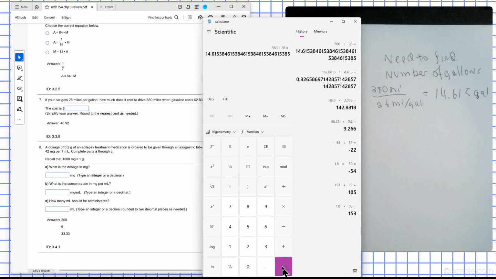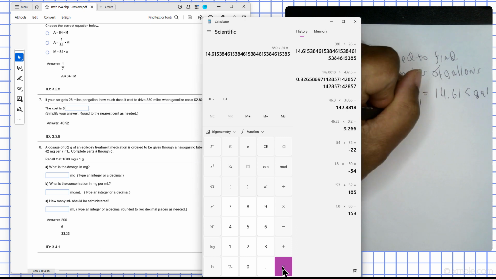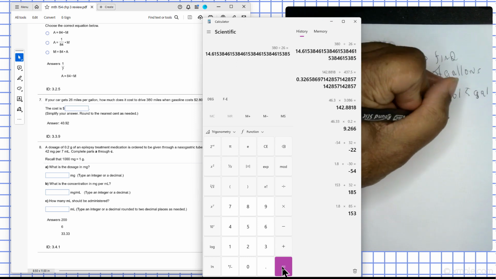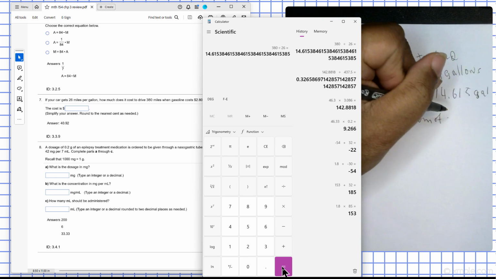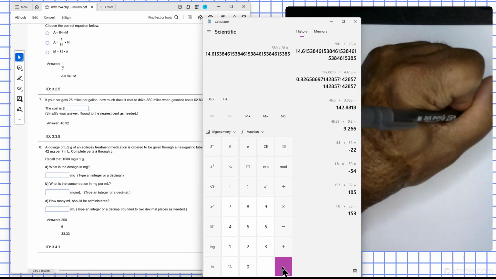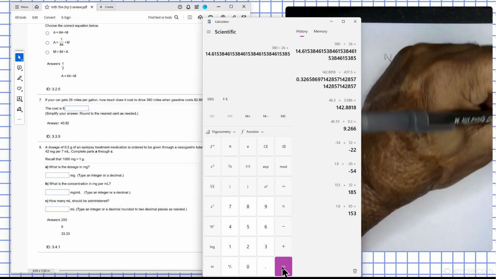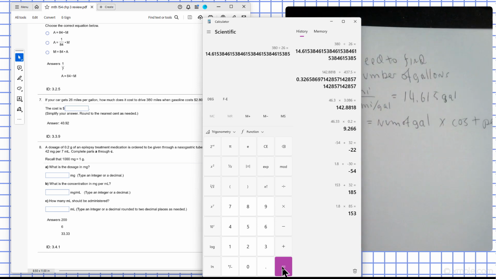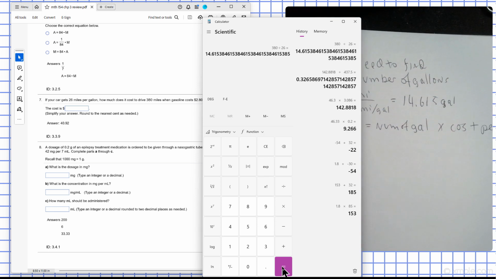I divided out this number of gallons. So our cost is going to be the number of gallons times the cost per gallon.